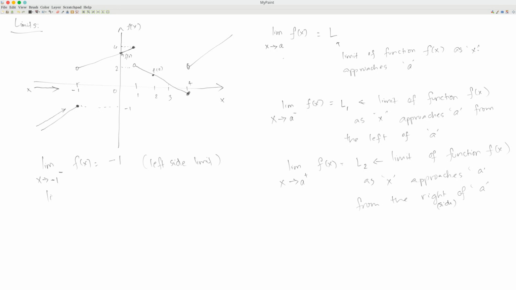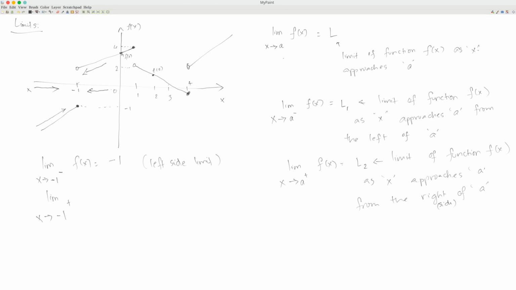In a similar manner, I could approach -1 from the right side. If I start from the right and approach from that side, the function is changing in that direction. So it is coming down.